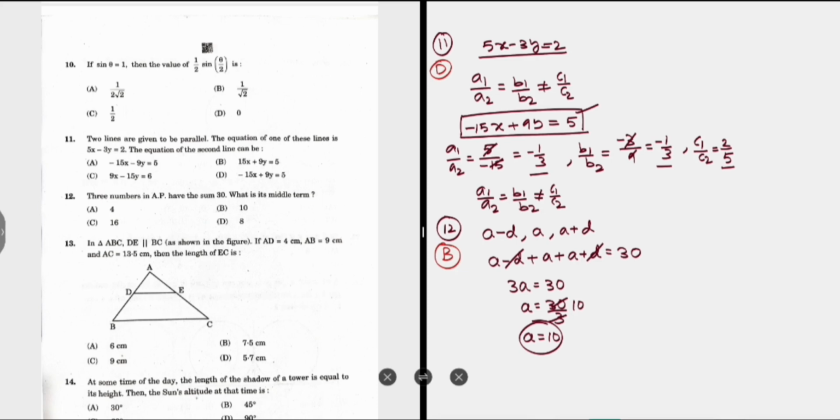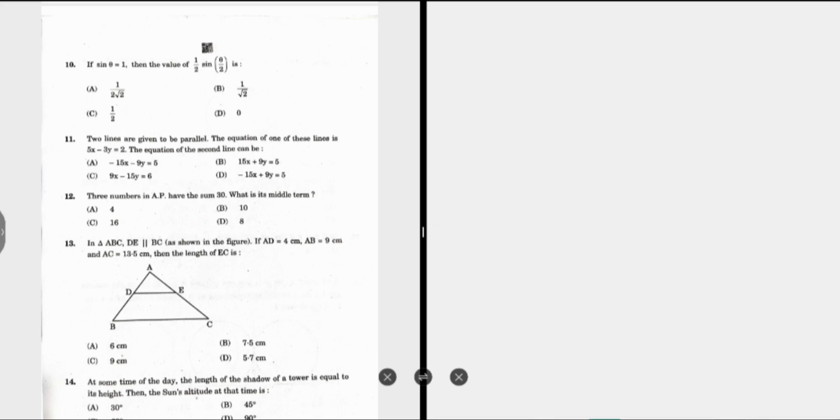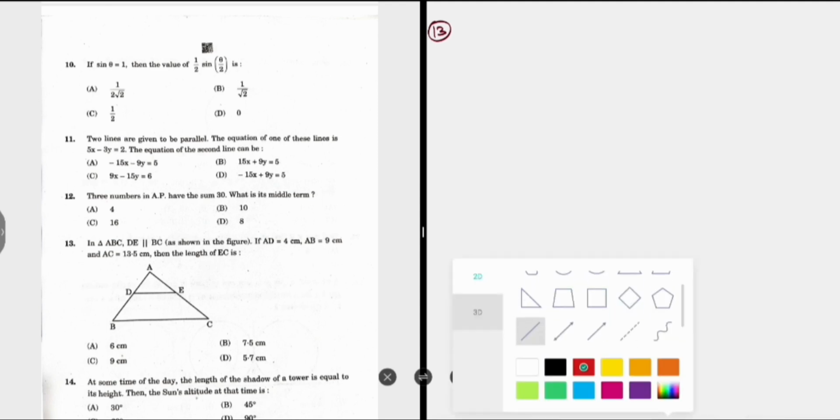Now let's see the next question. Question number 13 is on triangles. It is about the basic proportionality theorem. So here let's draw the triangle to understand better.